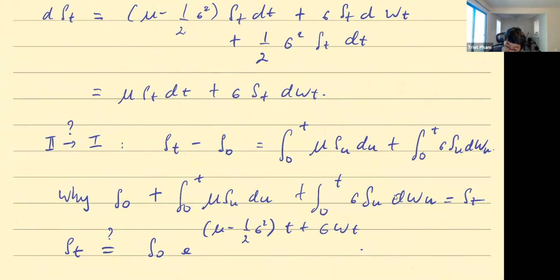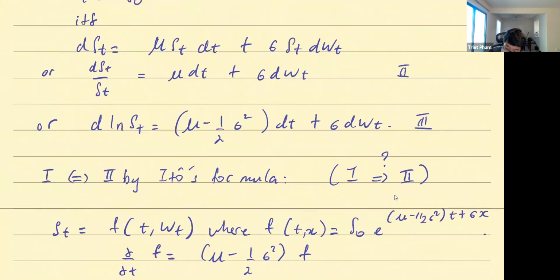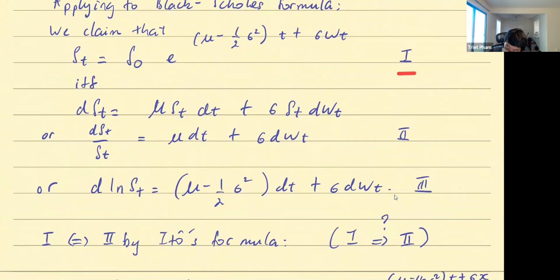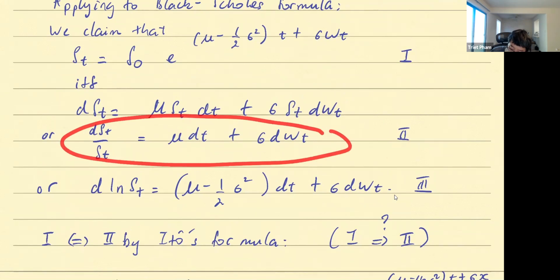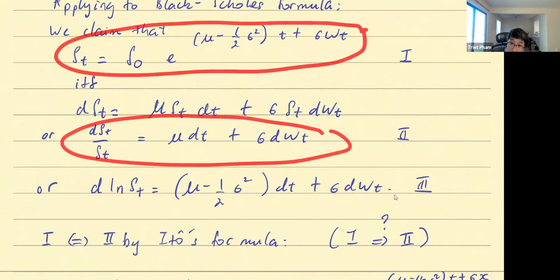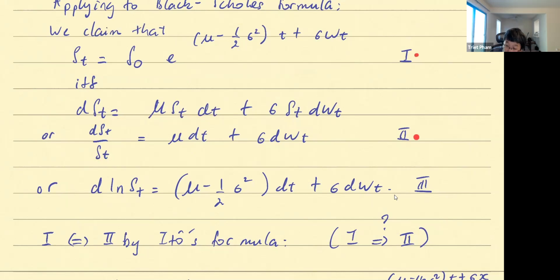And exactly the relation between 1 and 2 is the relation between a differential equation and its solution. 1 is a solution to the differential equation because 1 solves explicitly for S_t without invoking anything about S_t on the right-hand side. It all involves t and W_t.